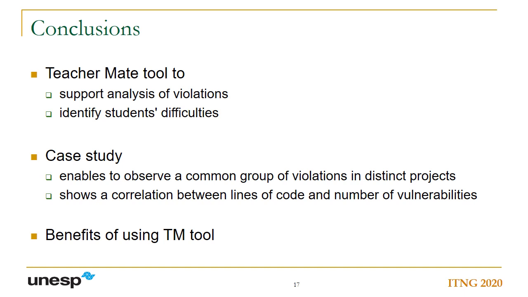The changes done by the teacher were his responsibility, but this tool is able to provide new insights on what changes need to be done in a course, and we also observed that TeacherMate 2 contributed to decreasing the number of violations from Project 1 to Project 2.